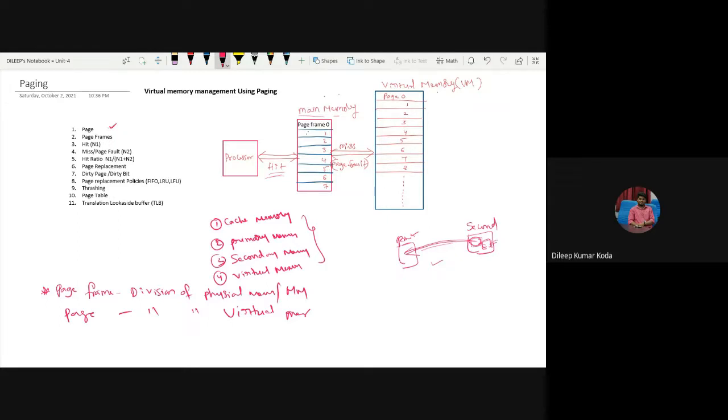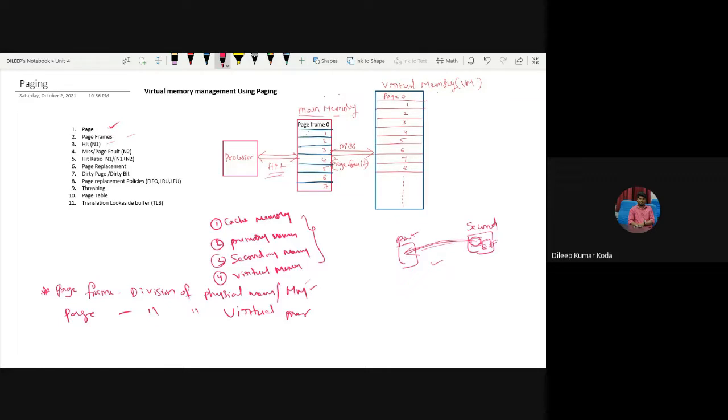A page means a division of virtual memory, and a page frame means a division of physical or main memory, right? And a hit means the file is available in the main memory. What do we mean by a miss?